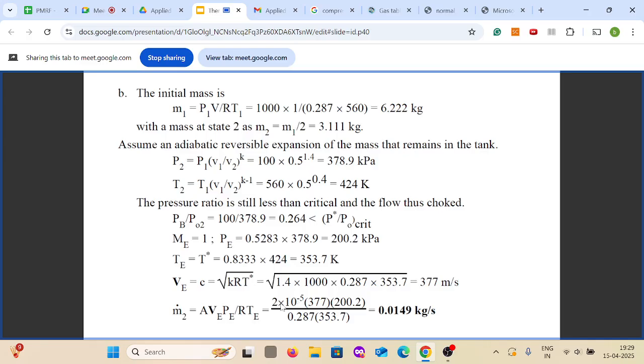The area remains the same, 2 into 10 power minus 5. The velocity is 377, and the pressure 200.2 divided by R value into temperature 353.27. So the mass flow rate now drops to 0.0149 kg per second.